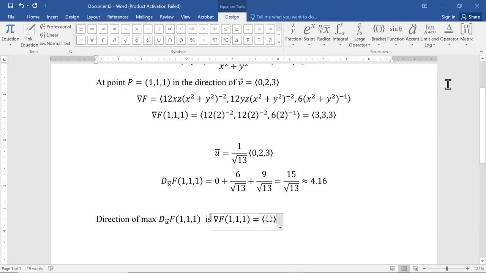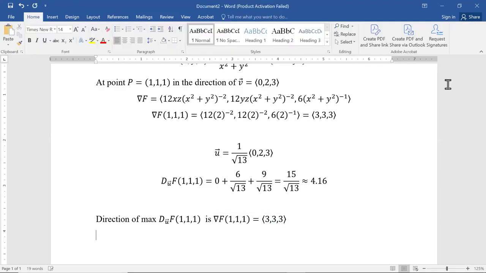That's the vector 3, 3, 3. So that's the direction of the maximal directional derivative we could obtain.